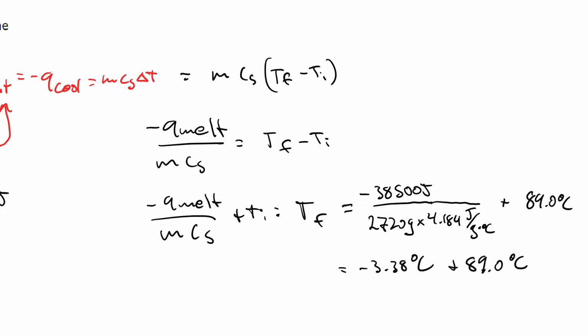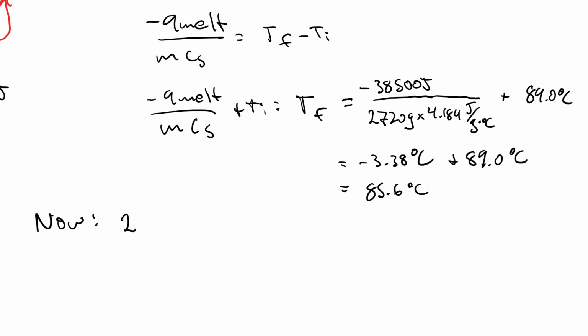So just to melt the ice, that cools the warm water down by 3.38 degrees, and our new temperature is 85.6 degrees Celsius.